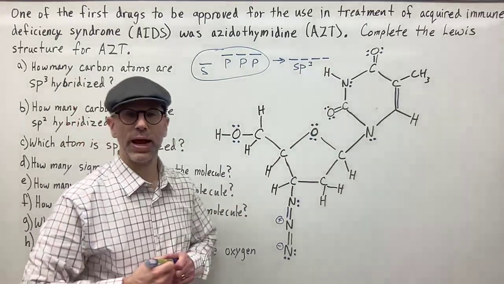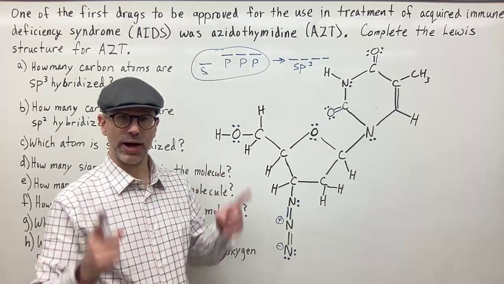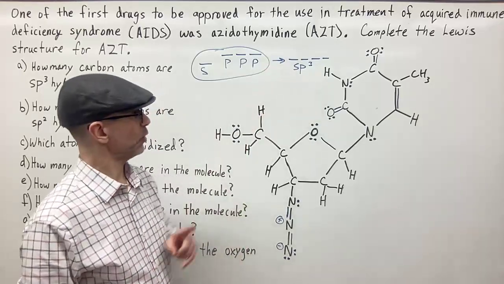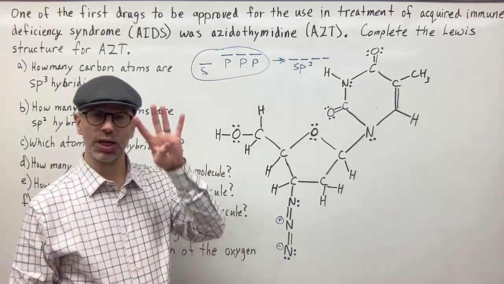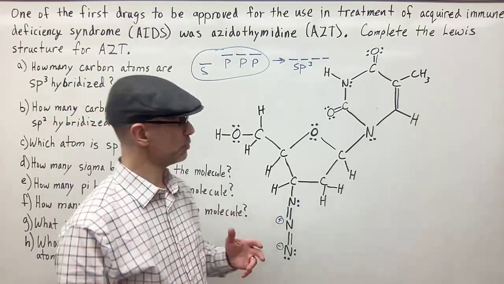So the only way that you get that is if you have 4 electron groups around your atom that are going to occupy these orbitals. So we're looking for carbons that have 4 electron groups around them. They're probably all going to be bonding groups.